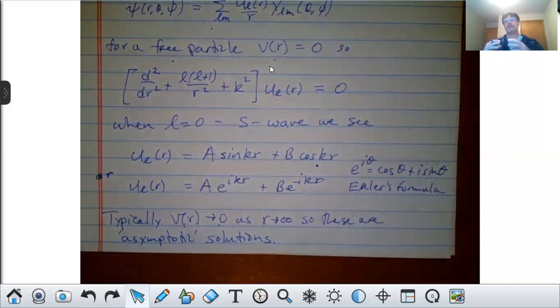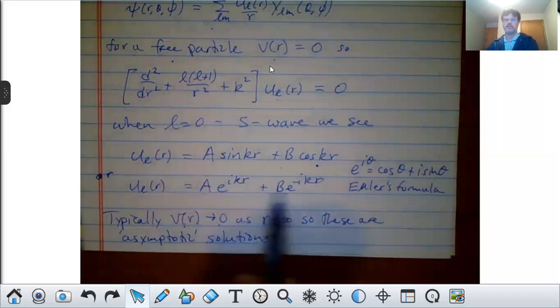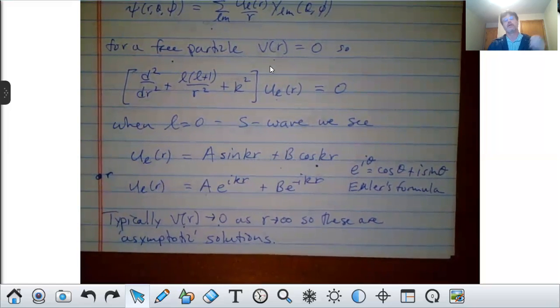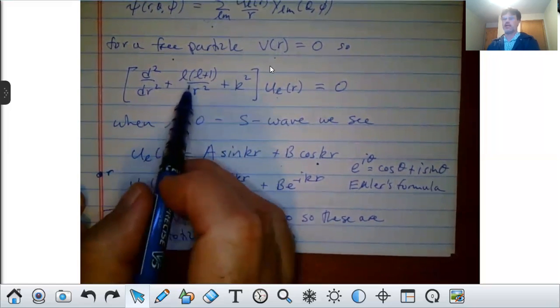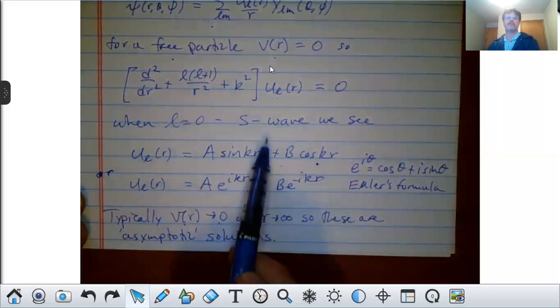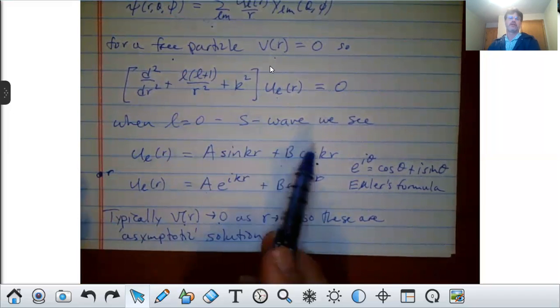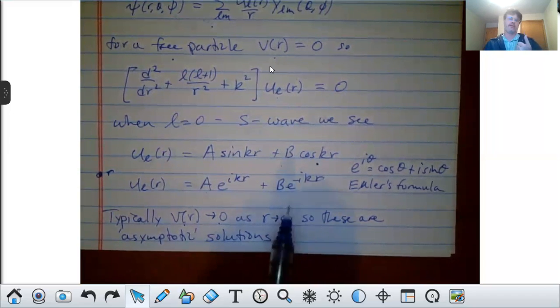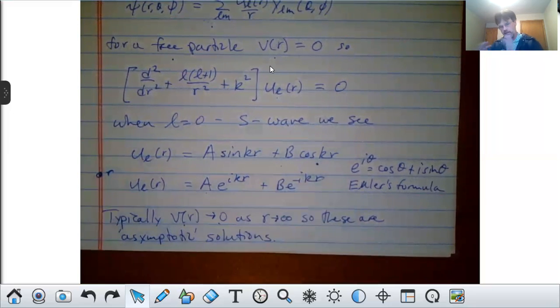The solution that you actually get for a real problem like this should turn into this type of solution far away. Now again, I'm right now just looking at the case for L equals 0, and this is sometimes called the S wave. L equals 1 is the P wave, L equals 2 is the D wave, and so on. But we're going to keep it L equals 0 for now, and then we'll just generalize the solution.